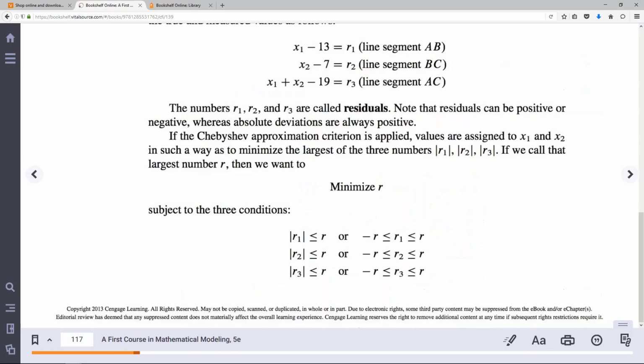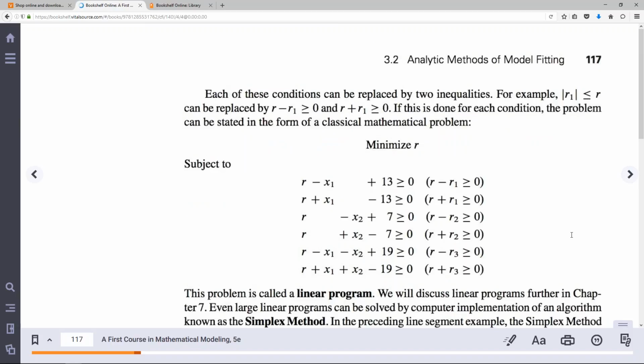How do we get that? Based on the relationship you saw here, you can separate it into two relationships, R1 larger than or equal to negative R and R1 less than or equal to R. Then with a little bit of manipulation, you get R minus R1 larger than or equal to 0, and R plus R1 larger than or equal to 0.